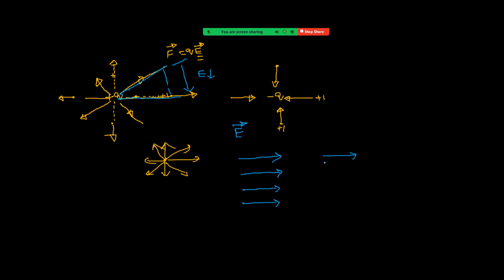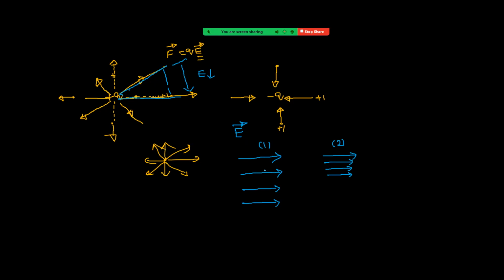E bar, one line, next line, next line. If you observe case one and case two, in the second one the spacing between field lines is less, right?